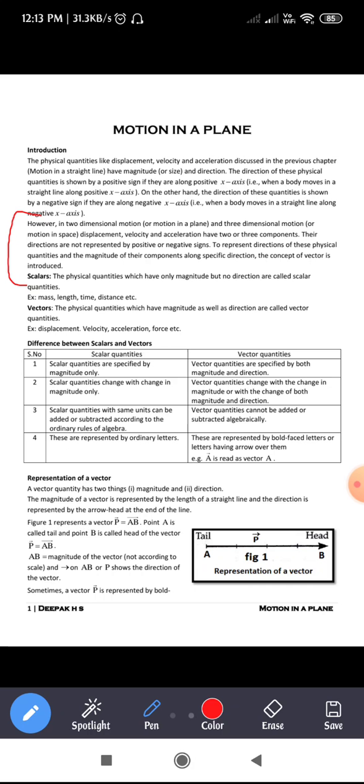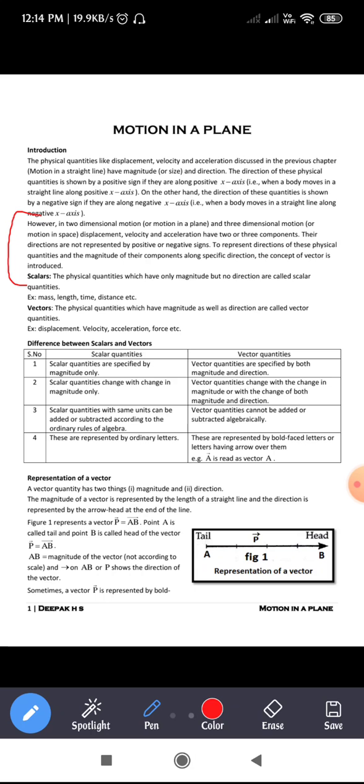So this is clear, I think, right? Since a scalar quantity only specifies the magnitude, if there is a change in magnitude, obviously the scalar quantity changes. Since a vector quantity depends upon both magnitude and direction, if any one of them is changed, the vector quantity changes.